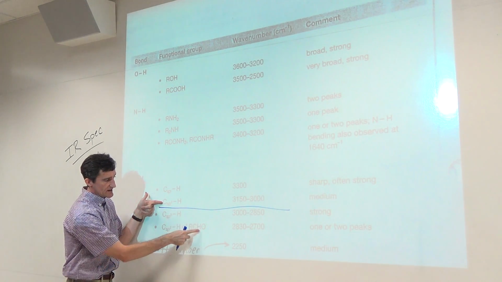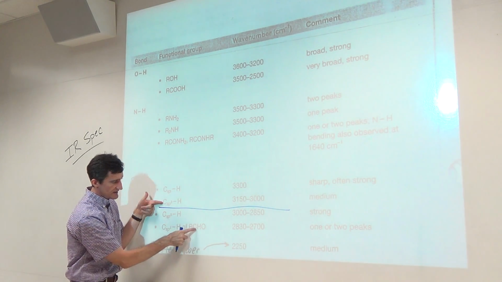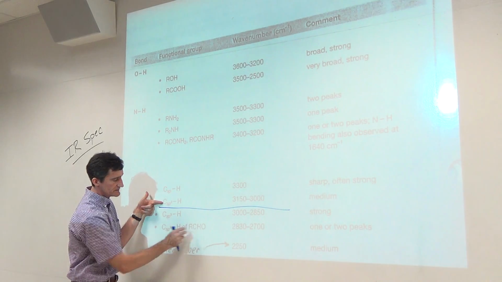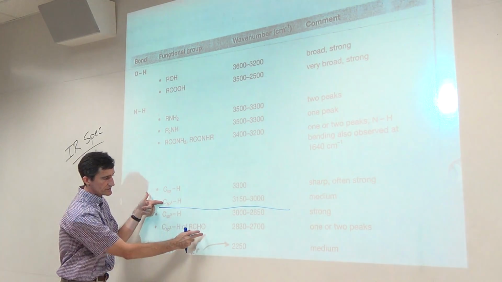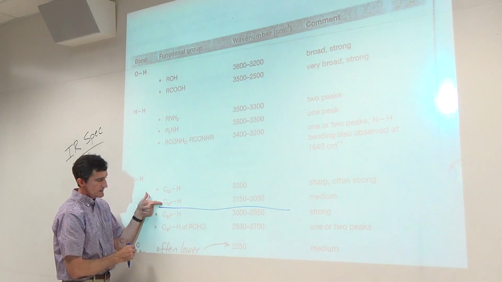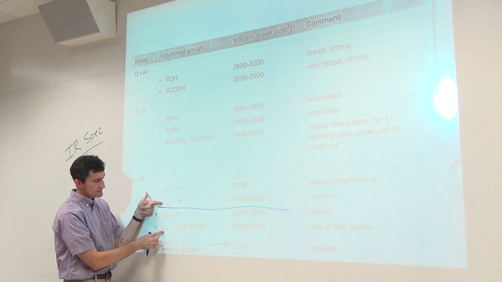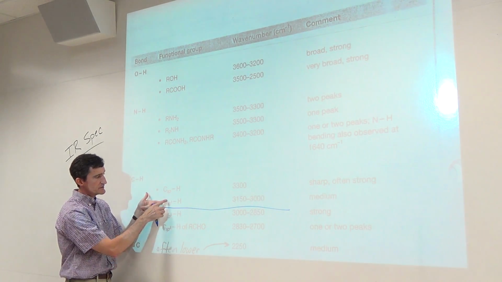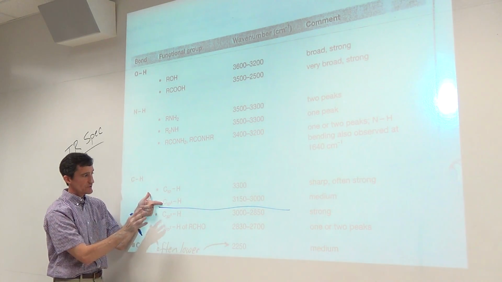The hydrogen of an aldehyde, and that's aldehyde here, your CHO, that's an aldehyde, sort of a condensed version of an aldehyde functional group. The H is on an sp2 carbon, but it's not just above 3000 like all of your other sp2 Hs.